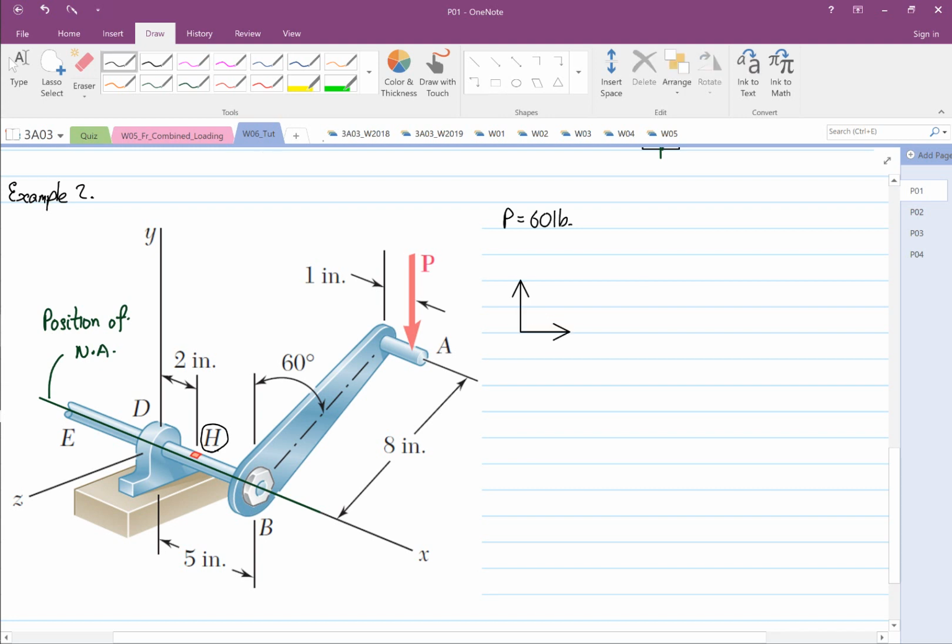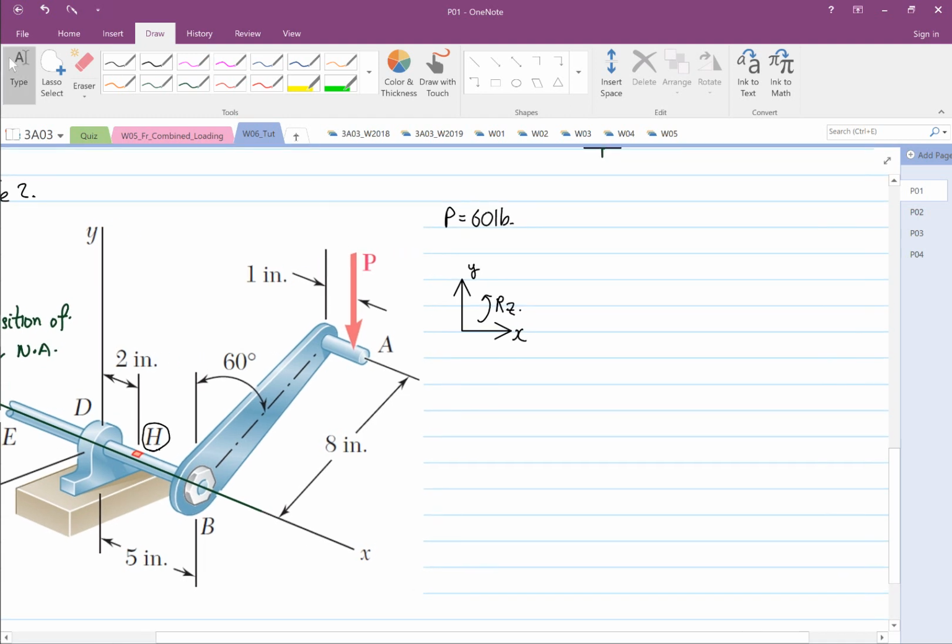So I'm going to sketch. This is our XY plane, and this is rotation in the Z. I'm just going to briefly sketch this out. So this is the shaft DB.